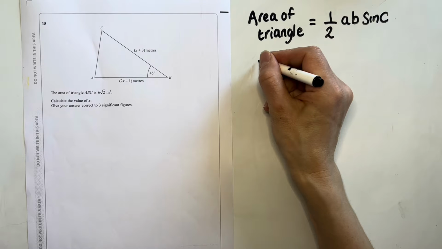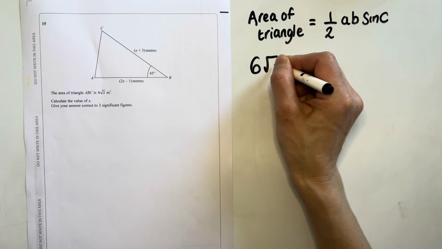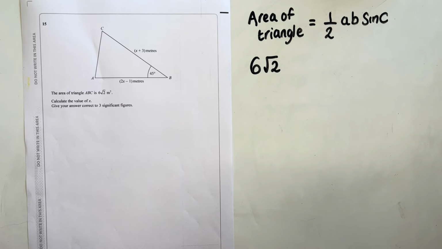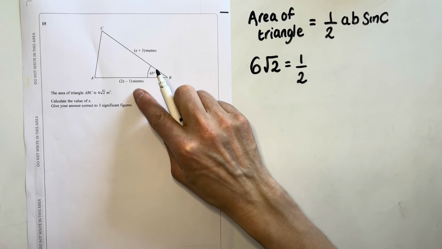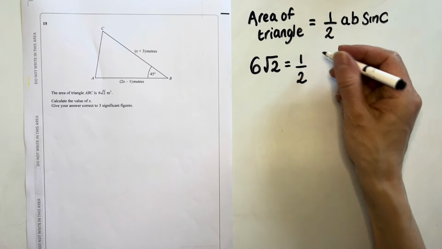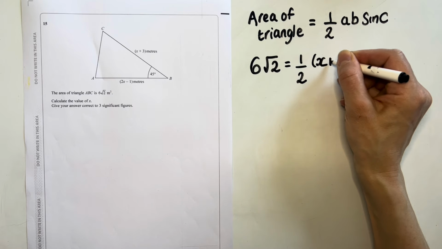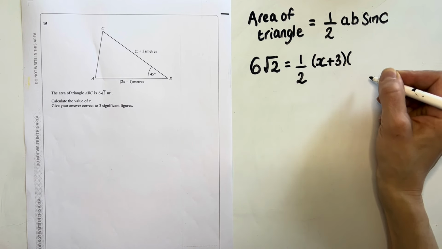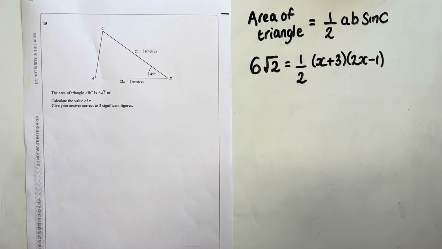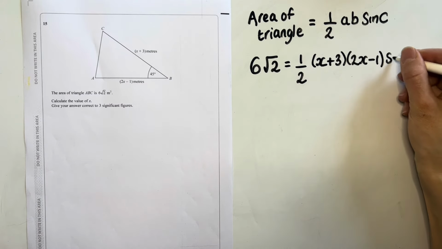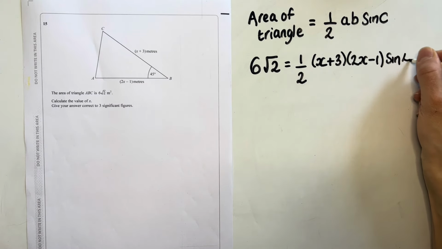This means the 6 square root 2, which is the area of the triangle, is equal to half the product of the two lengths. So we've got x plus 3 times 2x take away 1 times sine of the angle 45.